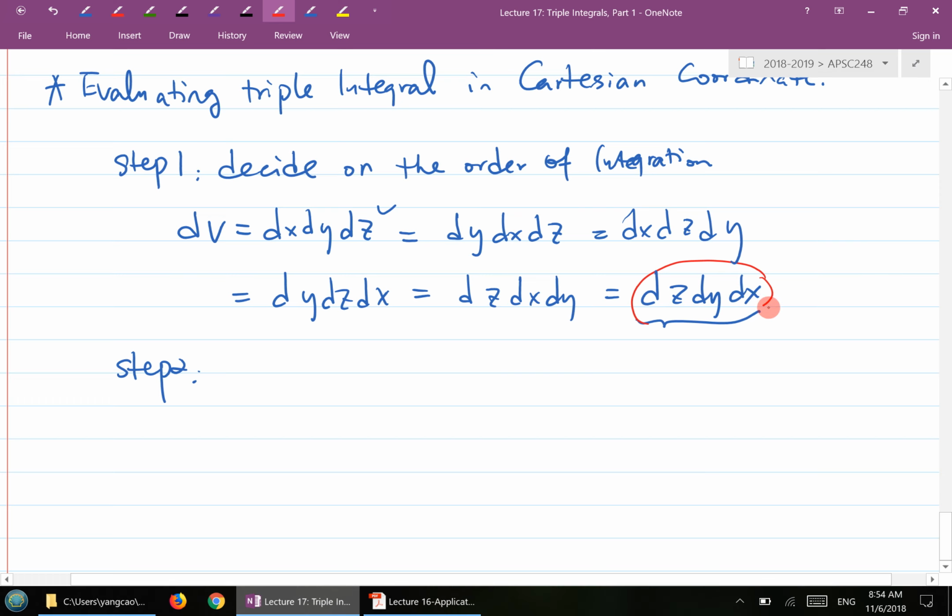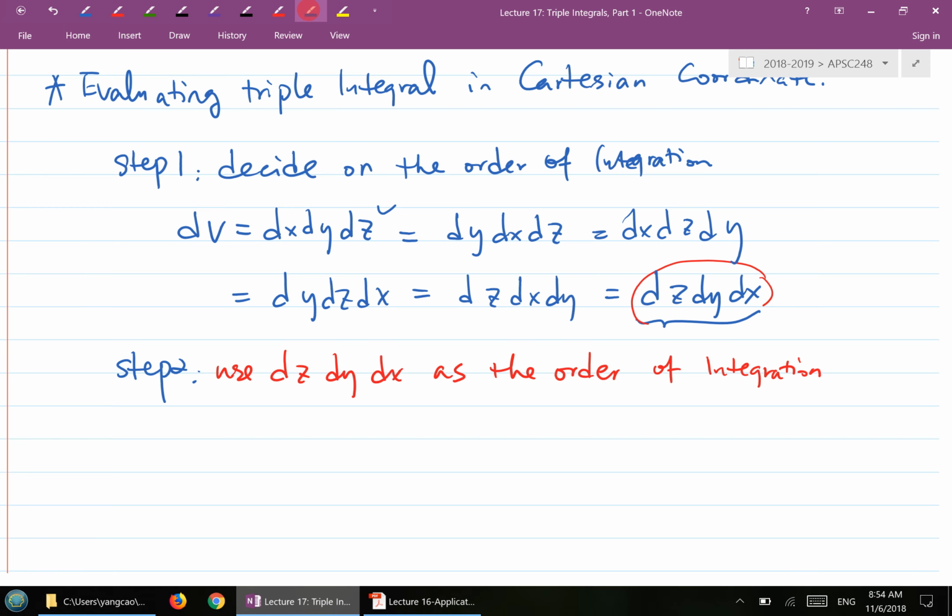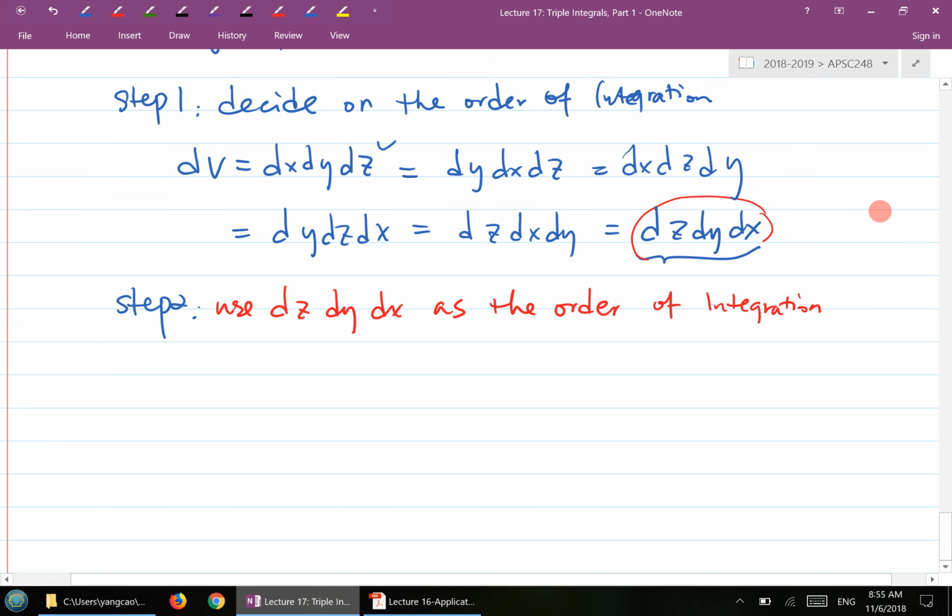So I'm going to use dz, dy, dx as the order here to illustrate how you find the integral limits. So that's your step number 2, to find the limits. But before you can find the limits, the first part of step number 2 is you got to sketch this region D out. You have to sketch it out.